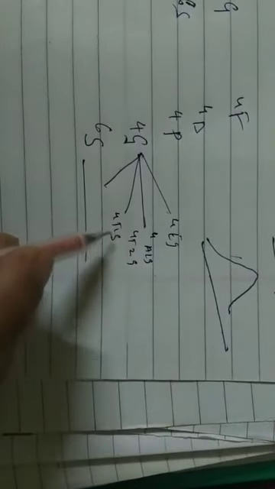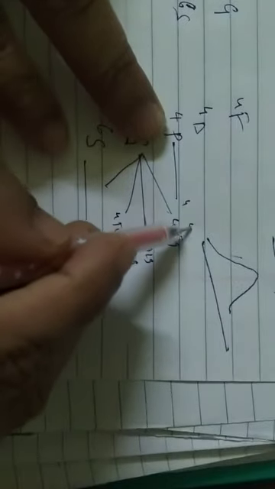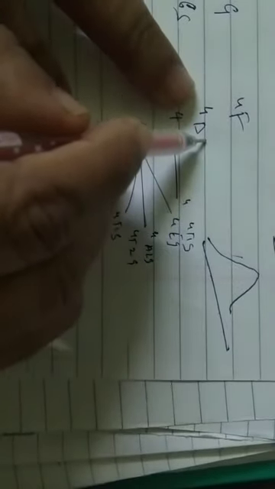Then P, this quadruplet P is going to split into only one thing, that is your quadruplet T1G. Then this D is going to split into two, that is your quadruplet T2G and quadruplet EG.